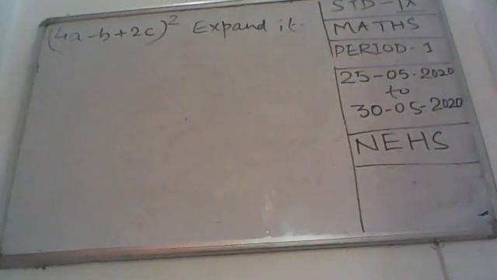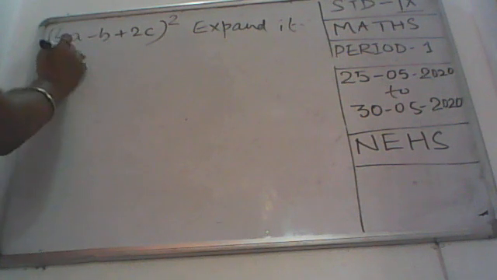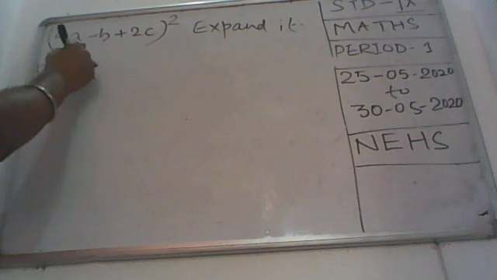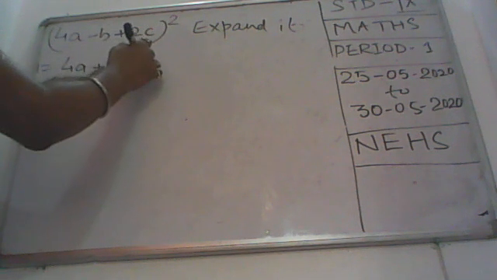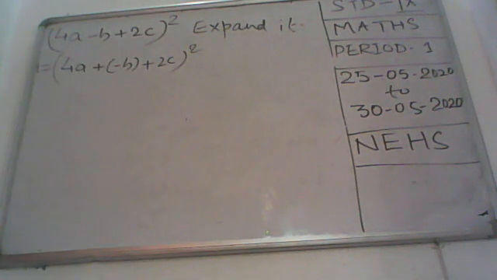Okay, no problem, we can expand very easily. See how it is possible. For this you should know the formula. The formula is (a plus b plus c) whole square. Here there is a minus, so this can be written as (4a plus minus b plus 2c) whole square. See? Yes, it can be written.